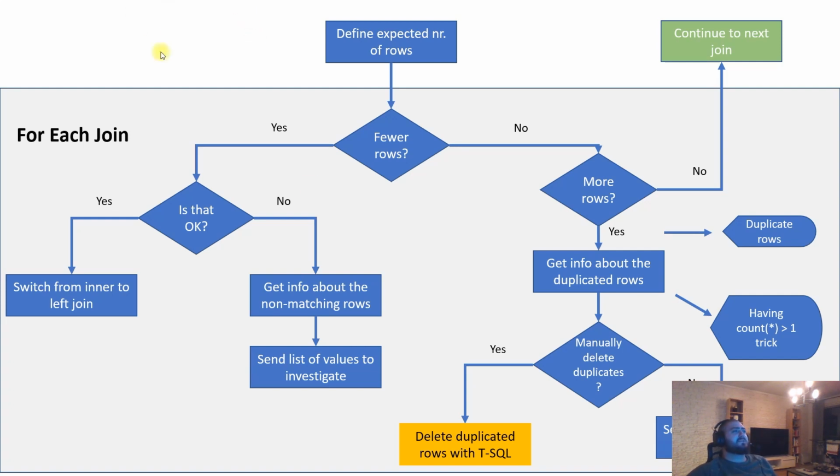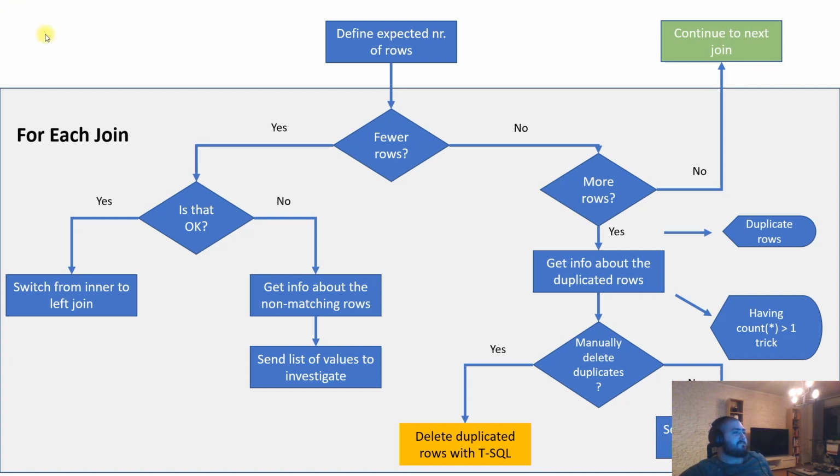And for the first step, I've built up a small system that I use to make it a lot easier to find the bugs, because if you just take the query, paste it in Management Studio and run the whole query, which is probably going to contain a lot of different joins and complicated calculations, it's going to be very hard to say, okay, here is the bug, this is the problem.